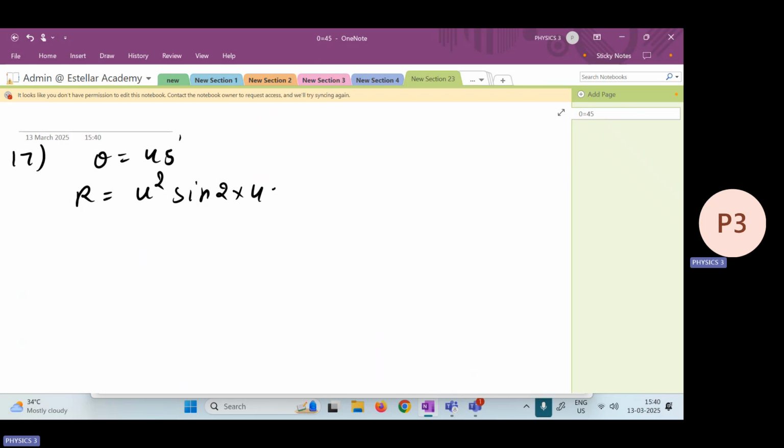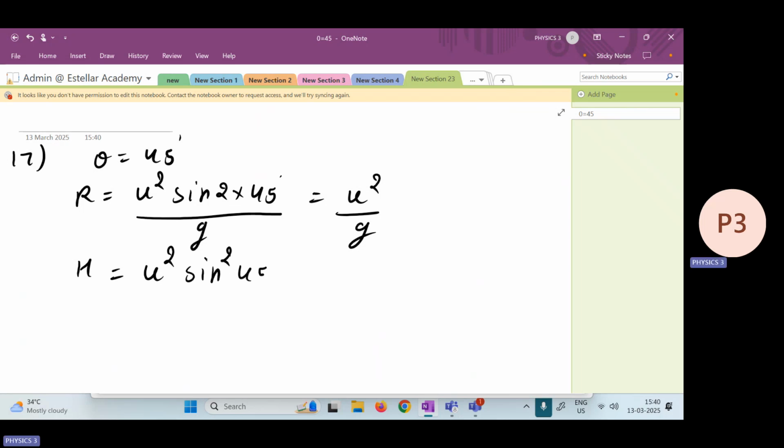So in place of theta we will put 45 degree, so it will be u square by g. Now maximum height we will write. So maximum height's formula we know is u square sine square theta. In place of theta we will put 45 degree upon g. So we know that sine 45 degree is 1 by root 2. So its square would be 1 by 2.